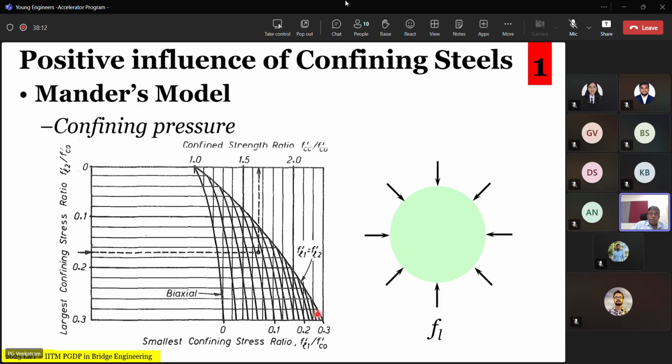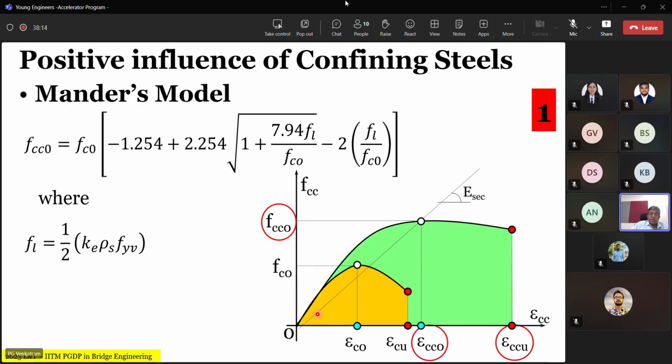And if you notice, if the effectiveness of confinement becomes zero, this becomes zero, this becomes zero, and you end up having only this, which is the same as your traditional way, that is, unconfined concrete is what it will reduce itself to in terms of its simplicity.